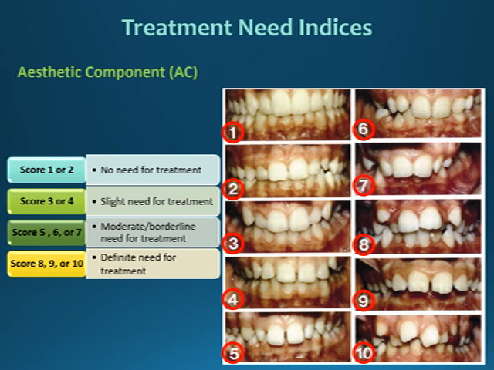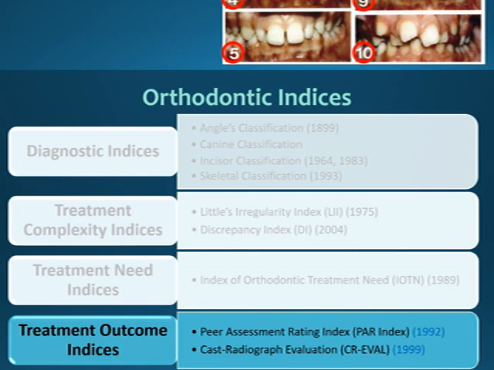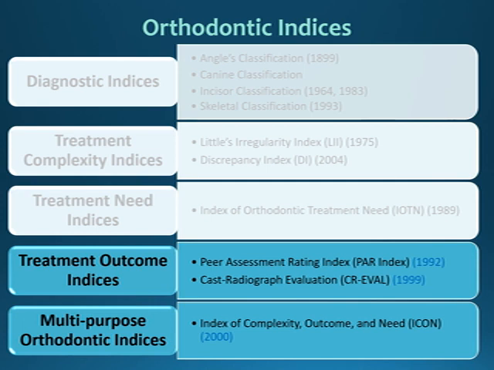So the aesthetic part of the index can be considered as a subjective part when compared to the dental health component. Now we finish the treatment need indices with its example, the Index of Orthodontic Treatment Need, or the IOTN.